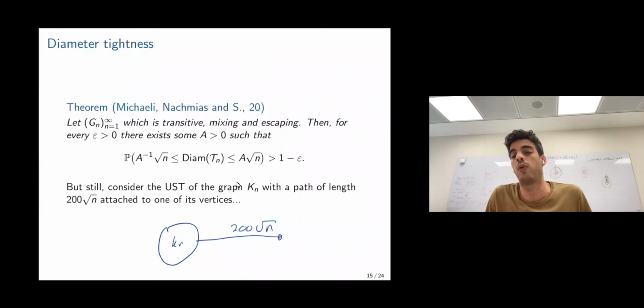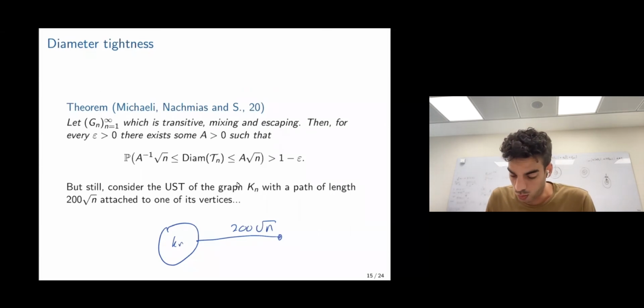When you pick k points, you typically do not see this path, again, because its size is small. But this path of length 200 square root n, which will appear in every spanning tree of this graph, will affect the distribution of the diameter, and we cannot expect convergence of the rescaled diameter to the diameter of the CRT.